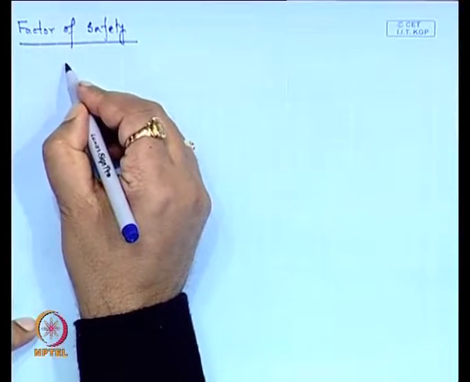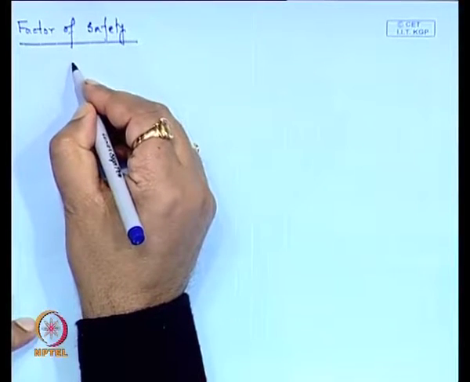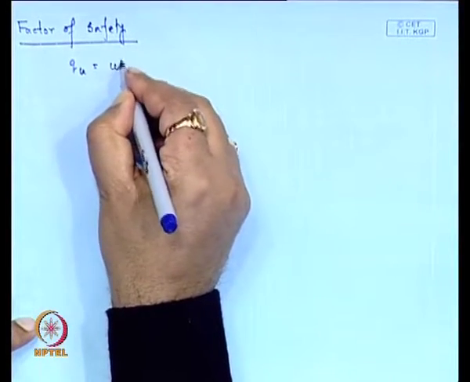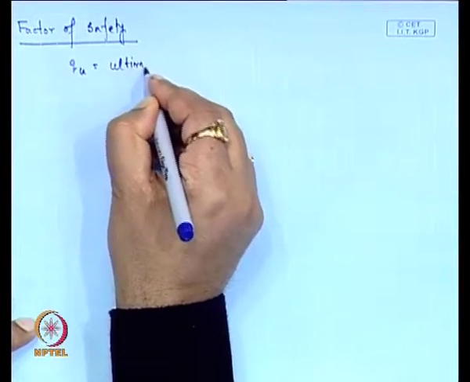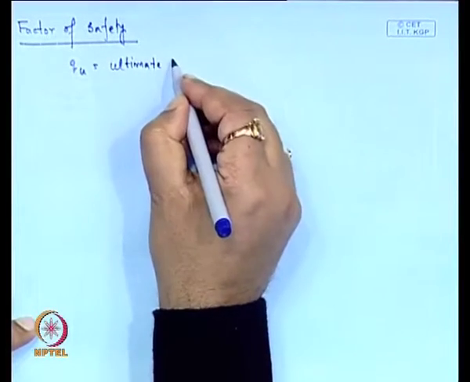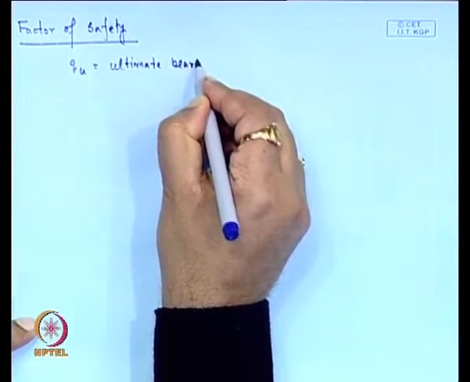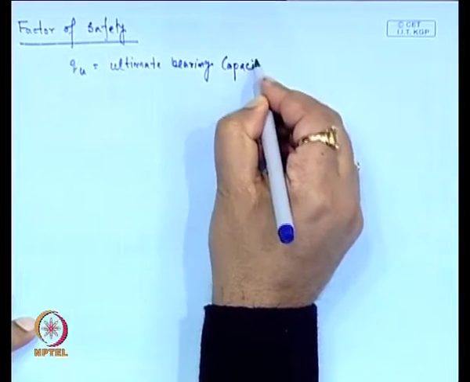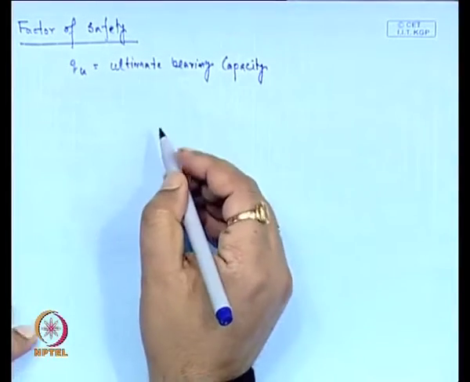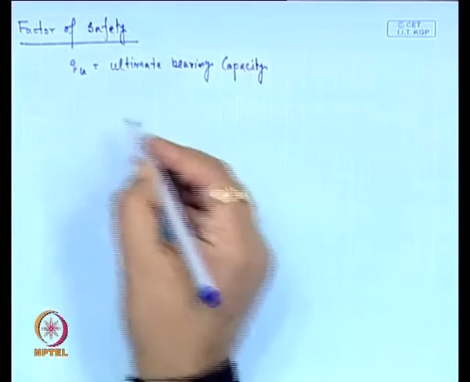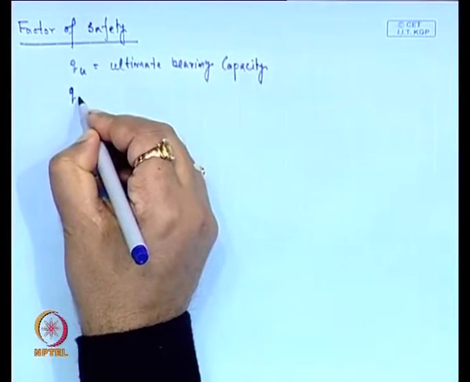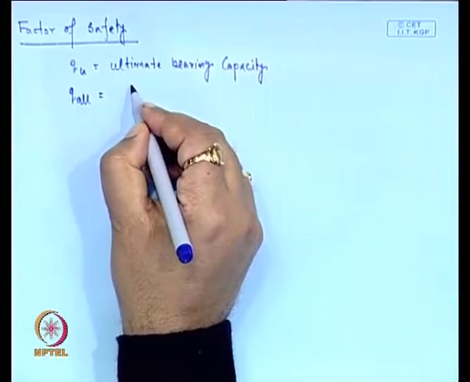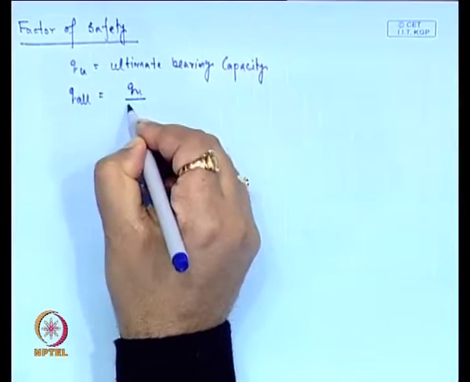Suppose Q_u is the ultimate bearing capacity of the soil. Then we can get the allowable bearing capacity or the safe bearing capacity by dividing this by the factor of safety.